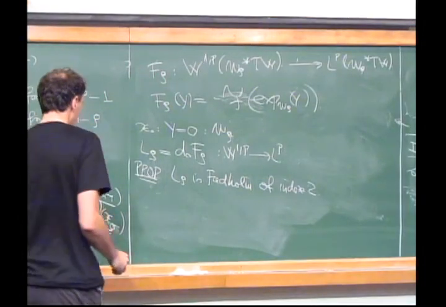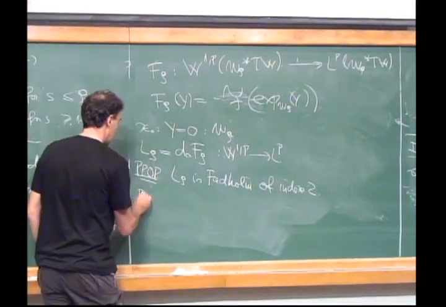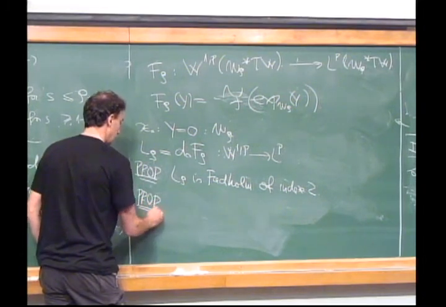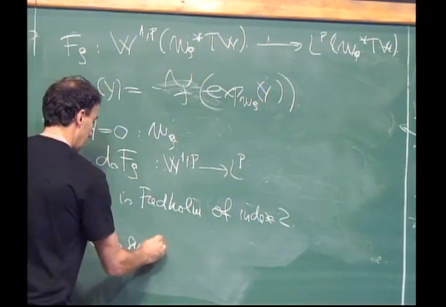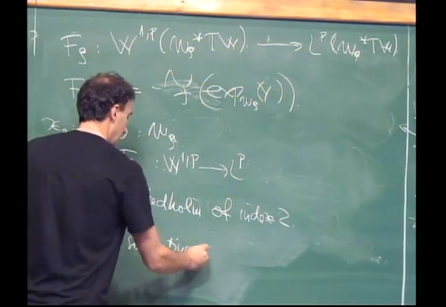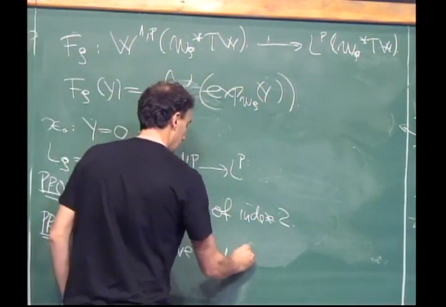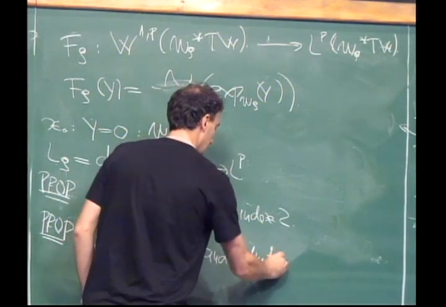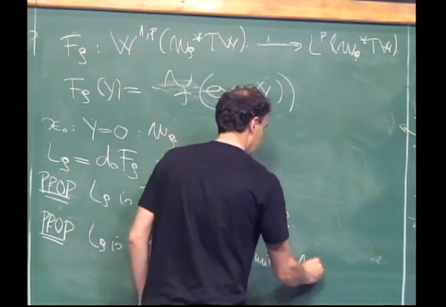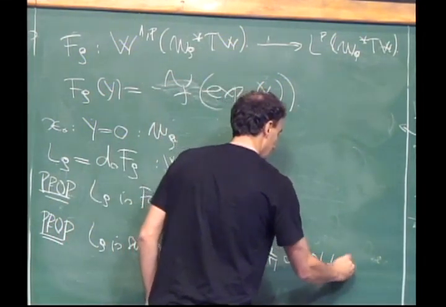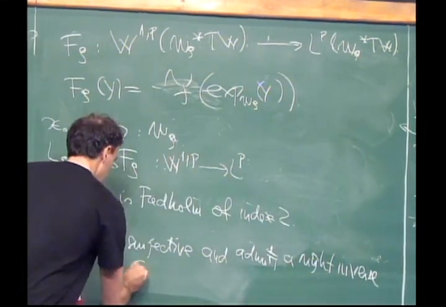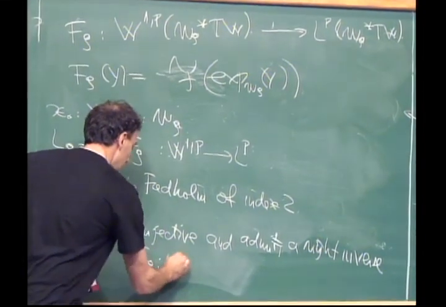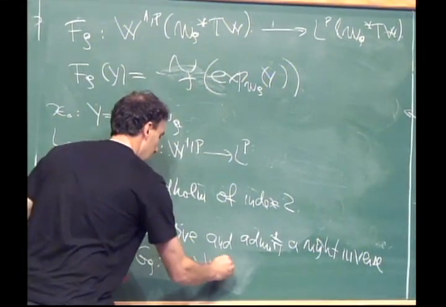But moreover, what we actually prove is that L rho is surjective and admits a right inverse J rho from LP to W1P.